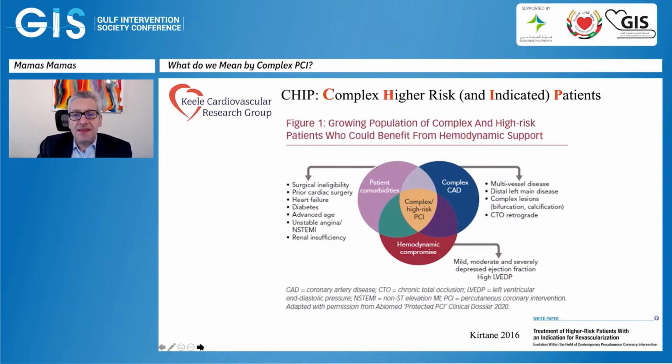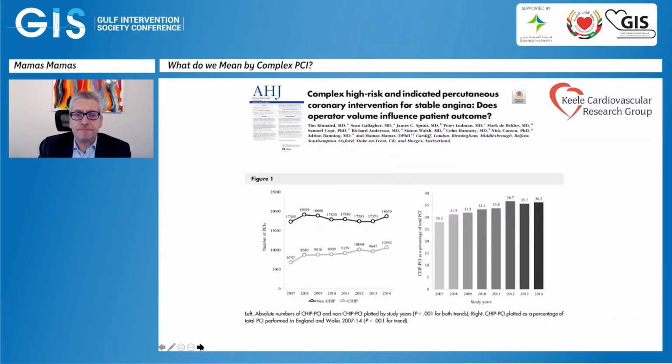And this is, again, a transposition of patient comorbidities, such as surgical ineligibility, previous heart surgery, heart failure, diabetes, renal insufficiency, complex features in the coronary artery disease, such as multivessel, distal left main, complex lesions, such as bifurcations, calcification, CTO, and hemodynamic compromise. And when these 3 factors are together, then you have what is termed a complex, high risk and indicated patient for PCI.